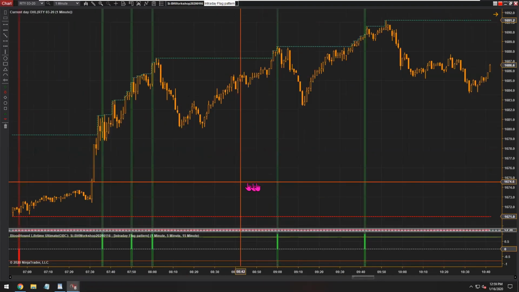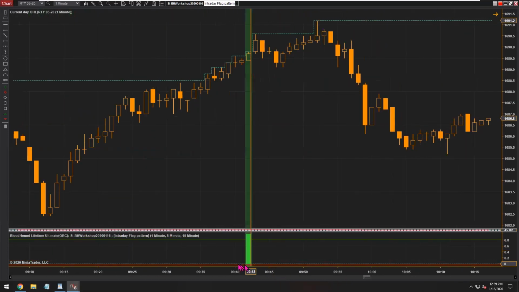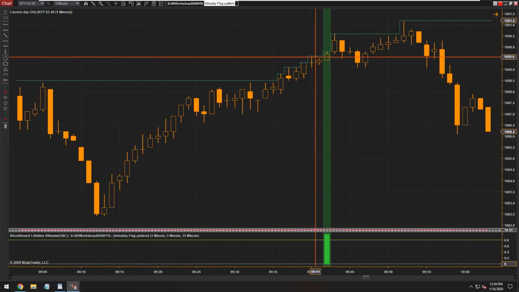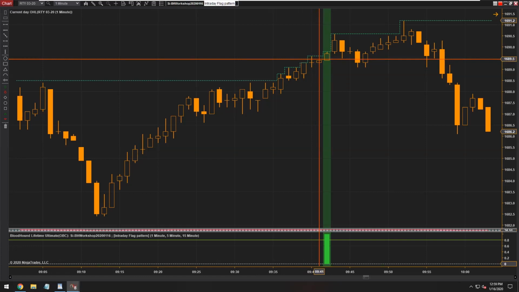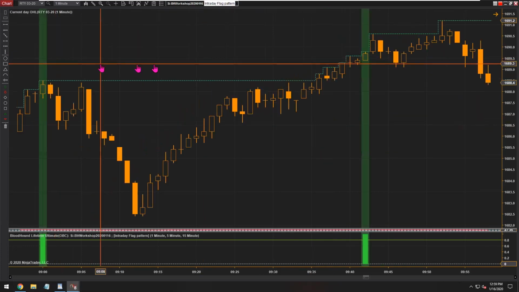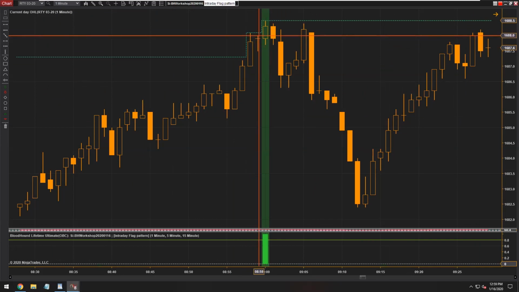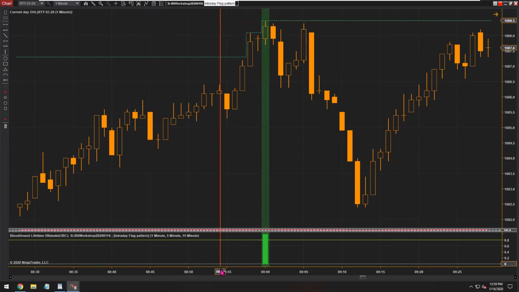All right, let's take a look at some of these others here. Yeah, we had a new high, at least a 1-bar pullback, and then a breakout. So perfect. Same thing here: a new high, a pullback in price, and then a breakout.